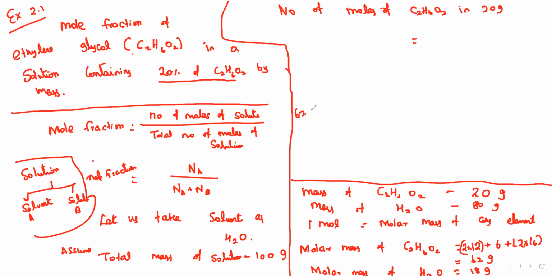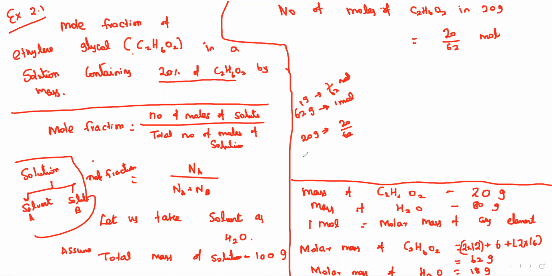We know that 62 gram is 1 mole, so 20 gram would be 20 by 62. Because if 62 gram is 1 mole, then 1 gram will be 1 by 62 mole, and 20 gram means 20 by 62.